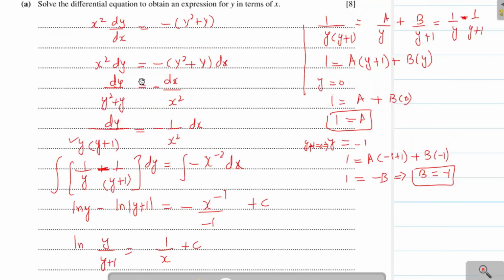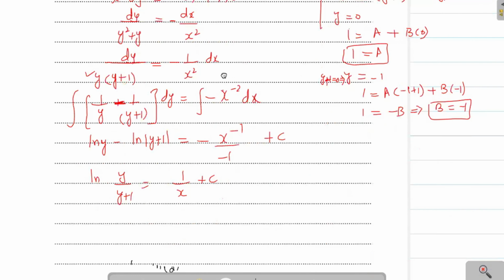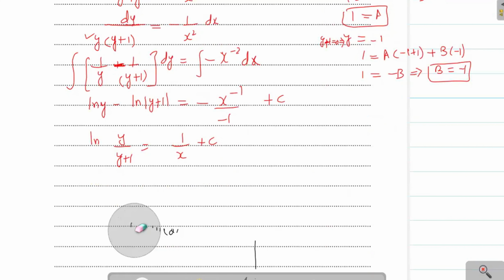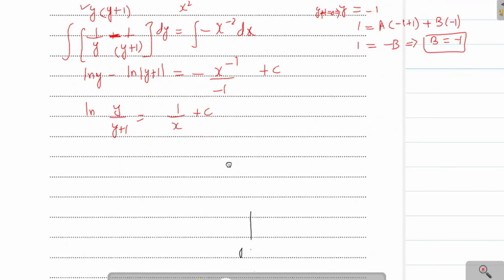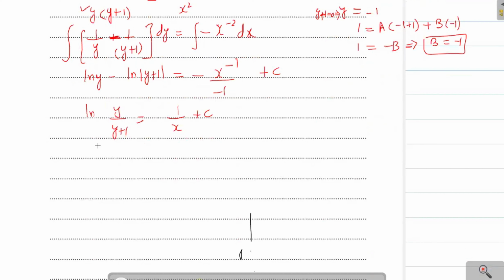Here the initial values are x is 1, y is 1. We substitute here the value of x and y to get the value of c. Therefore, ln 1 over 1 plus 1 equal to 1 over 1 plus c.